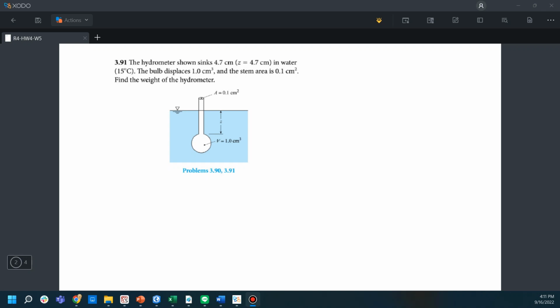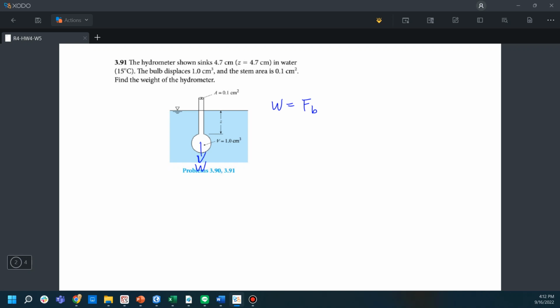Okay, so in the problem 3.91, we have the hydrometer shown sink 4.7 centimeter in water. The bulb displaces 1 cubic centimeter and the stem area is 0.1 square centimeter, and we want to find the weight of this hydrometer. So basically, we will use the relationship that the weight of this bulb will equal the force provided by the buoyancy.